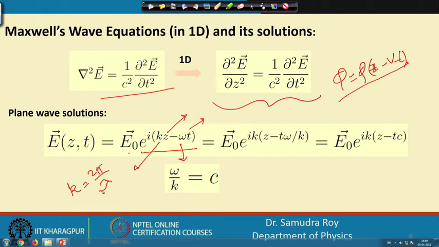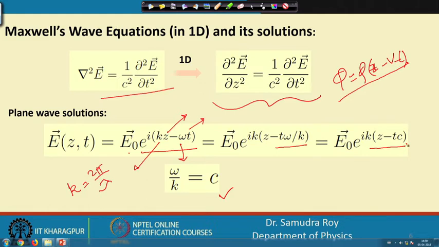Next, what we did, we take k common, and then the rest of my equation becomes z minus t times omega divided by k. We know that omega divided by k is nothing but c. So, I just replaced omega divided by k with c.